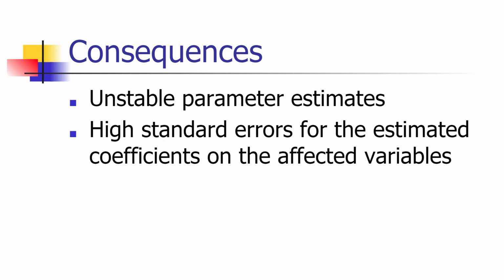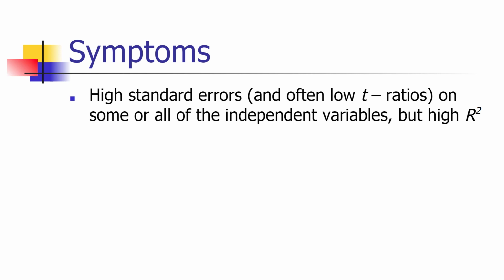That shows up in relatively high standard errors for the estimated coefficients on the affected variables, and therefore, you'll see relatively low t-ratios on the variables that are affected, assuming that there really is a relationship between the dependent variable and the independent variables.